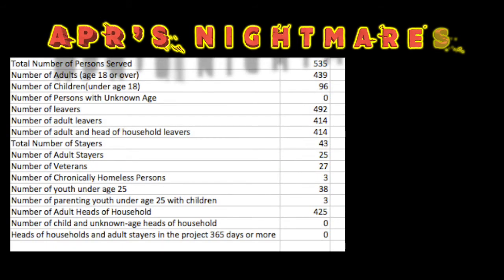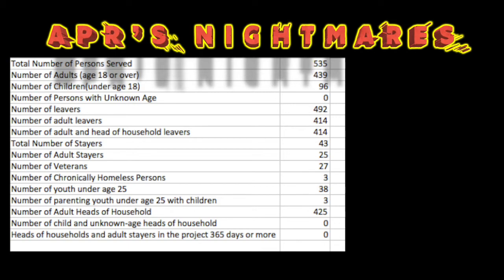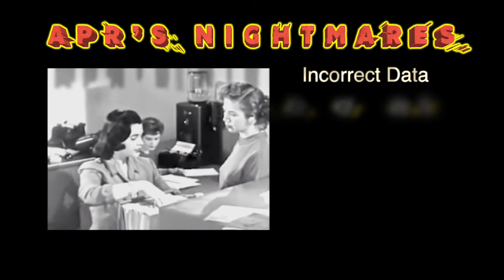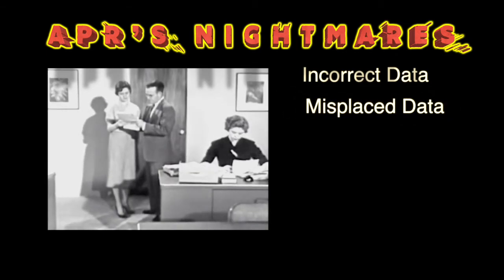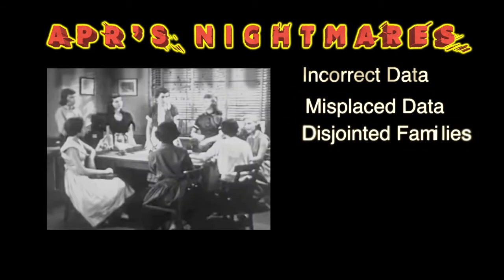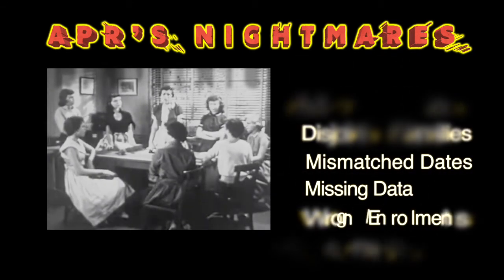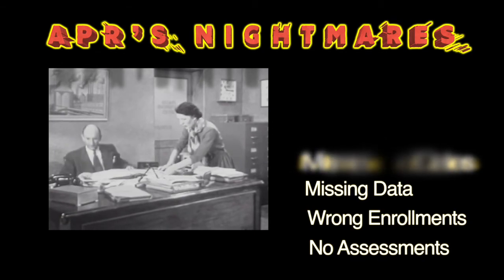One of the main problems we see with APRs is that data doesn't get entered correctly, or is entered in the wrong spot, so your program doesn't get credit for all the amazing work that you're doing. I'm going to highlight some of those issues for you today so you can keep an eye on them in future and correct them as they happen rather than after they're submitted to HUD.